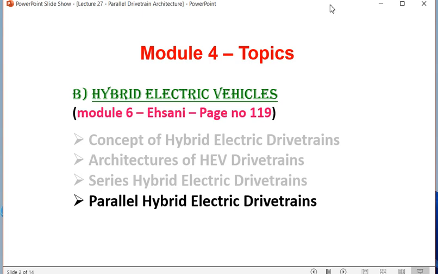Then there is a high specific power source which is called a secondary energy source. These two are mixed in case of series hybrid electric drivetrain, so their output powers are mixed through electrical coupling.